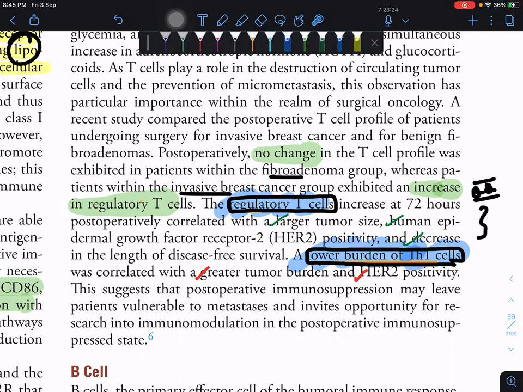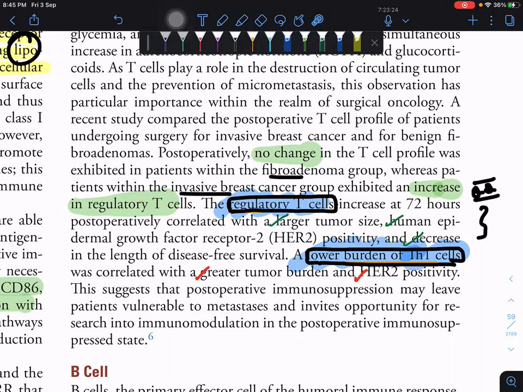But the invasive breast cancer group exhibited an increase in regulatory T cells. They say regulatory T cells increase at 72 hours post-operatively, and correlate with the following factors: large tumor size, HER2 positivity, and a decrease in the length of disease-free survival.